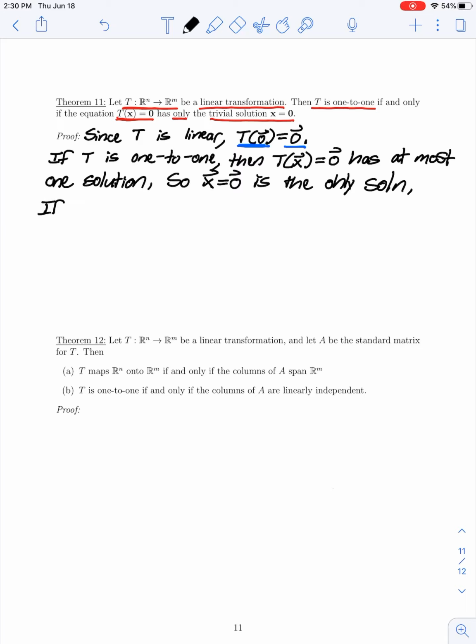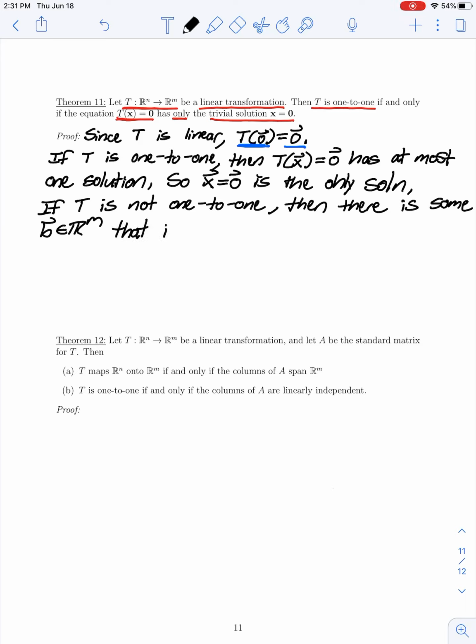If the mapping T is not one-to-one, then that means there is some vector B in the codomain Rm that is the image of two distinct vectors.